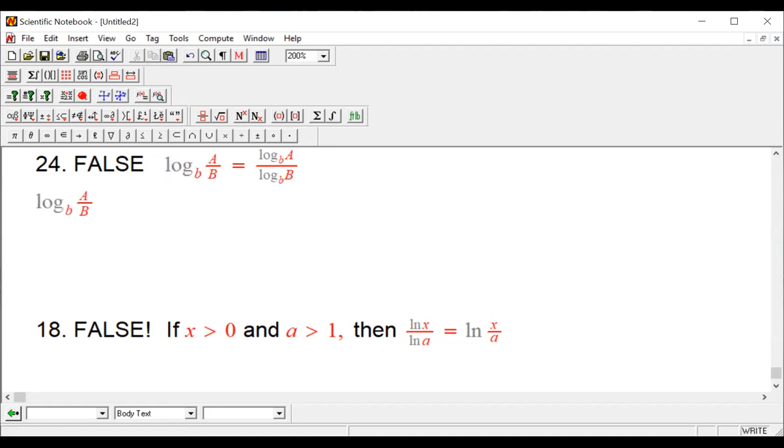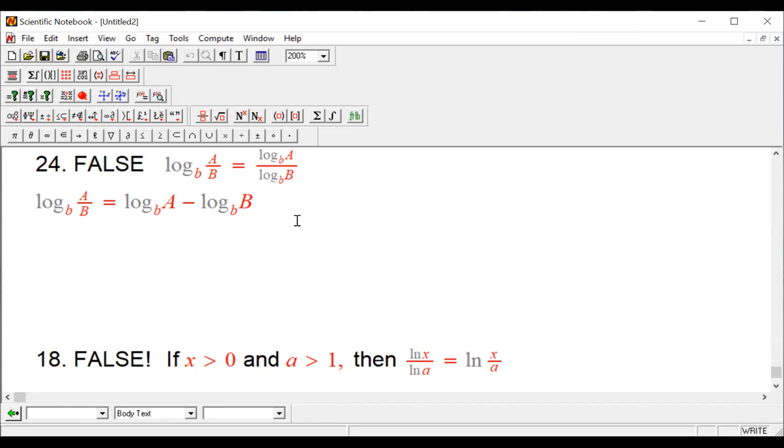You apply the quotient rule. That's log base b of capital A minus log base b of capital B. And this one doesn't equal that. So they're different. And I don't know what else it can be connected to. It's just a terrible mistake.